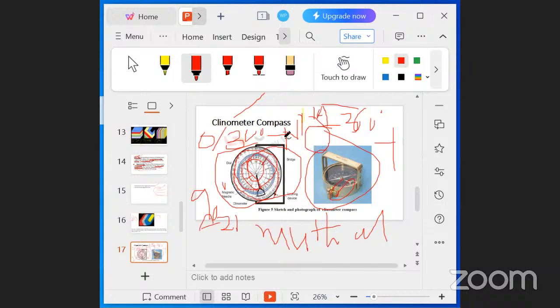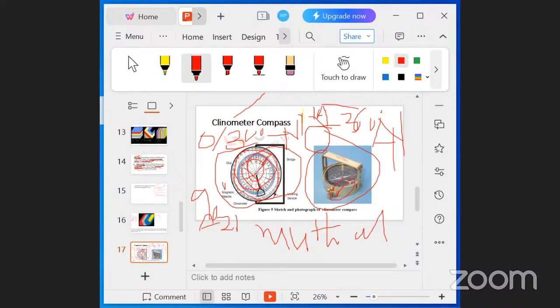So the crown is often marked as north. Take the crown of the dial towards the dip direction of the bed, right?